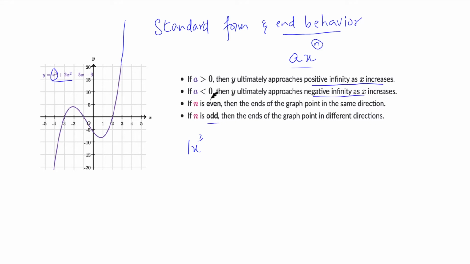If a is not less than 0, so I'll just skip this point. Now n in this scenario is odd, so that is why the ends point in the opposite direction. If it were even, let's say in the case of x squared, the ends are in the same direction. So these are the things that you need to remember. Let's now apply these things on a couple of questions.